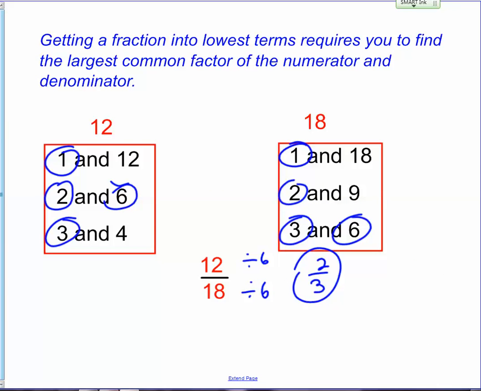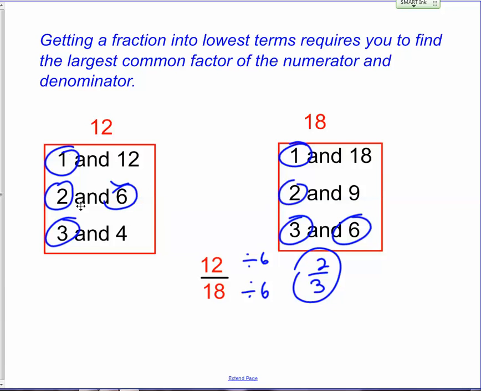And now the purpose for this is if I look at all the factor pairs for 12 and the factor pairs for 18, that's important when I want to efficiently, quickly simplify 12/18 to lowest terms. So I look at all of the factors that they have that are the same. Those are called common factors. And I want to find the biggest common factor because that will get me to lowest terms the fastest way.